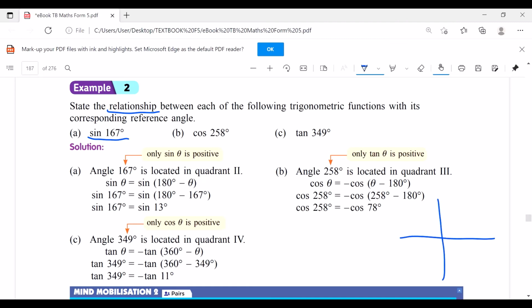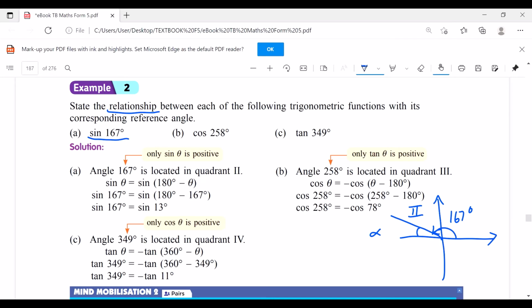Okay, let's see it here. 167 is, of course, here, not more than 180. So this is 167 degrees, and it is on the second quadrant, and of course this is the alpha.